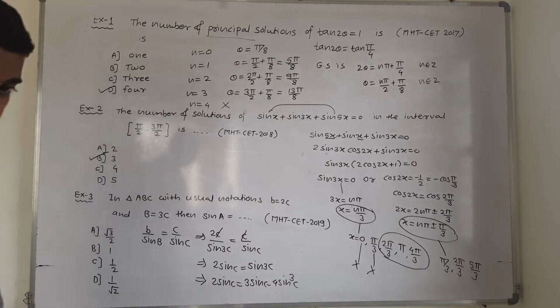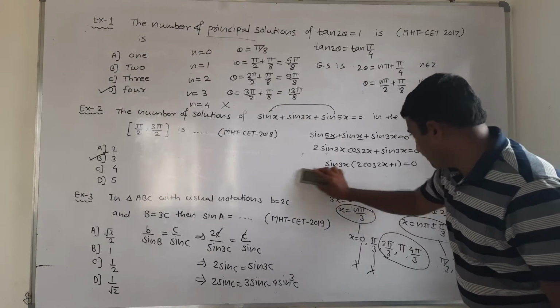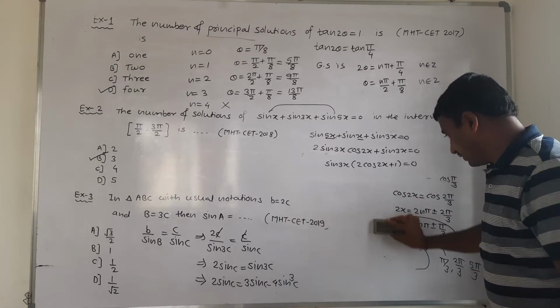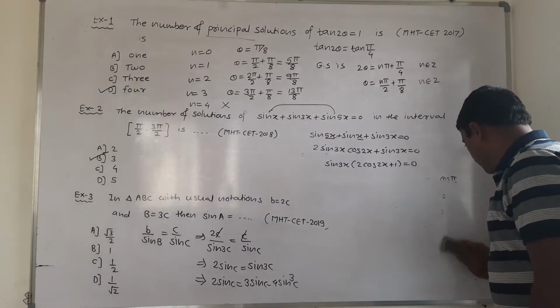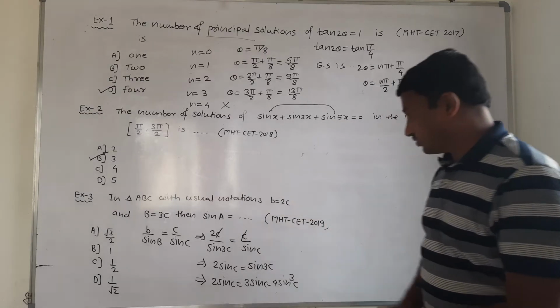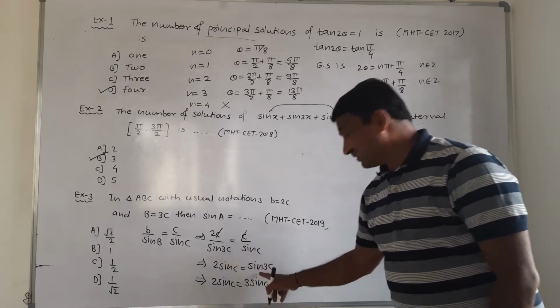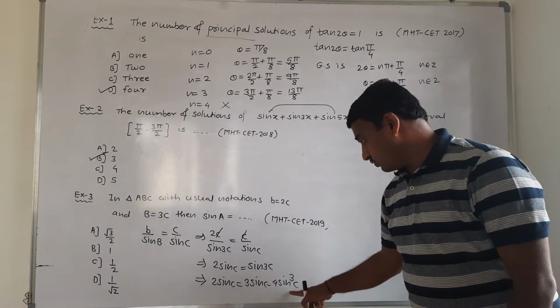Now simplification of this. Sin 2C as it is, sin 3C, by the sin 3 theta formula, 3 sin theta minus 4 sin cube theta.